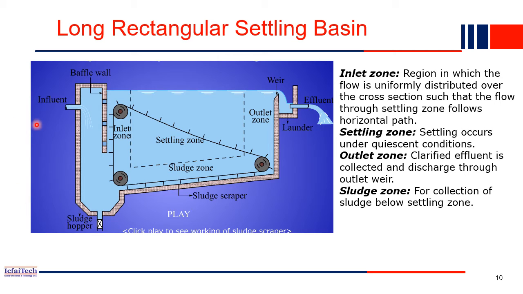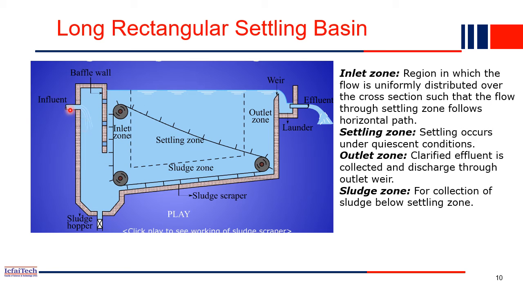So from the aeration tank, the water comes through the influent, and then we have this wall, we call it baffle wall. We keep it to reduce the speed of the water, because, as I mentioned, this is a continuous basin, and water is continuously coming here, so the speed here should be less. That's why we keep this type of hanging wall.